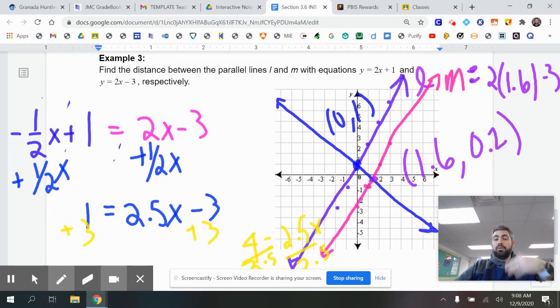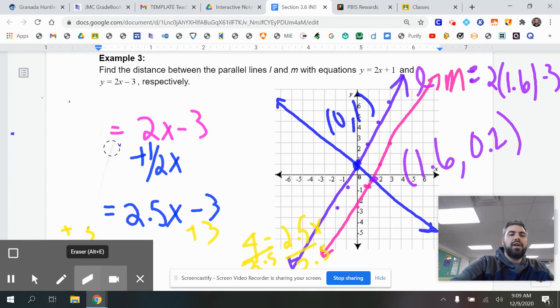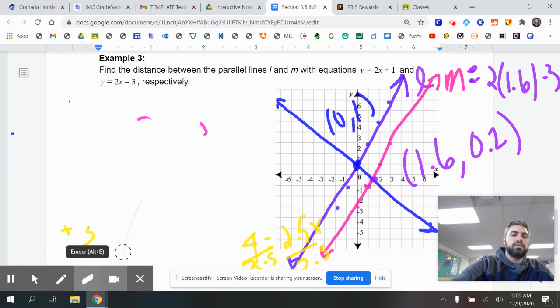Okay, so think about it. Now we found 2 points on that blue line that are supposedly equidistant apart. The point (0, 1) is on our blue line and L, and our purple point (1.6, 0.2) is on the blue line and M. So we're going to find the distance between those two lines by finding the distance between those 2 points.